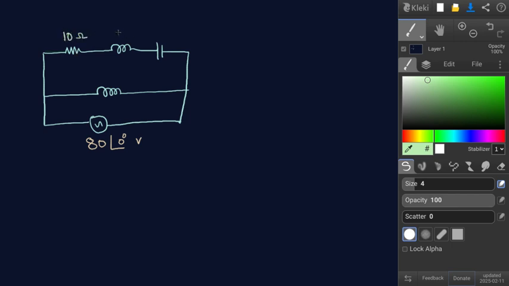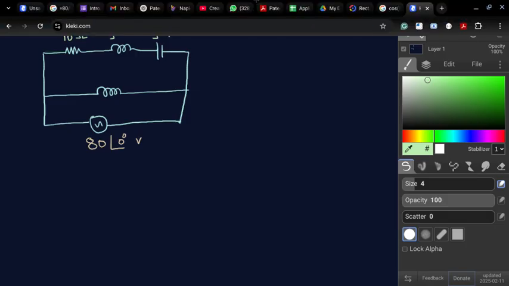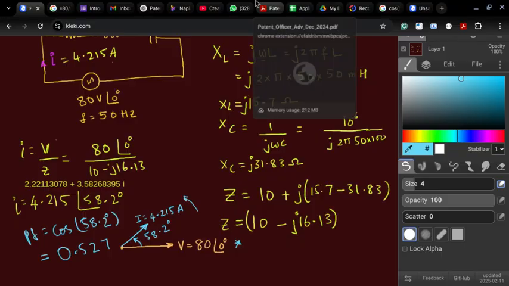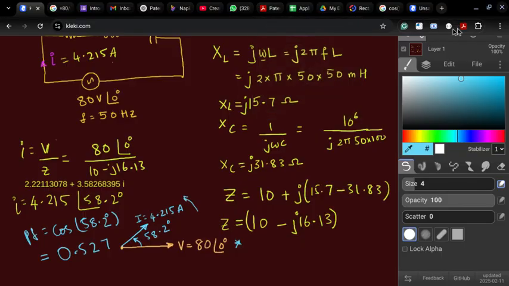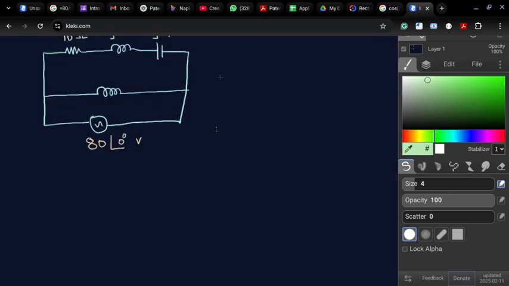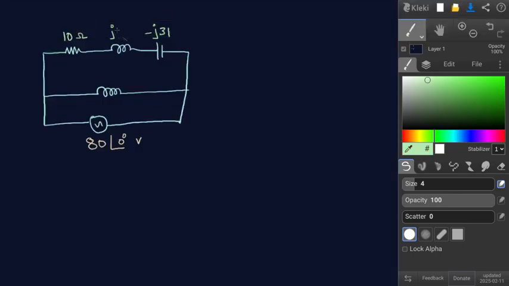Can you remind me what these values are? This was 31 point something, right? So 31.83 and 15.7. Here this inductance is unknown.